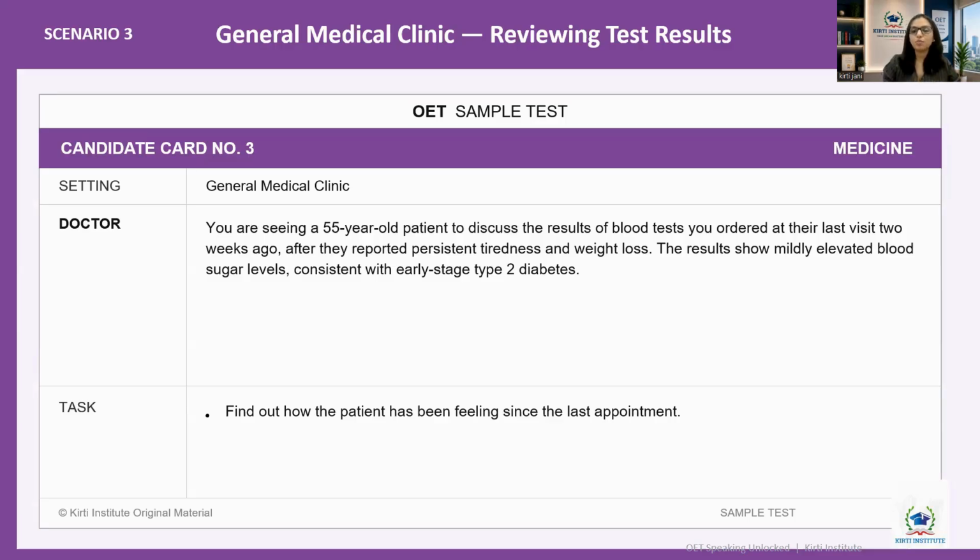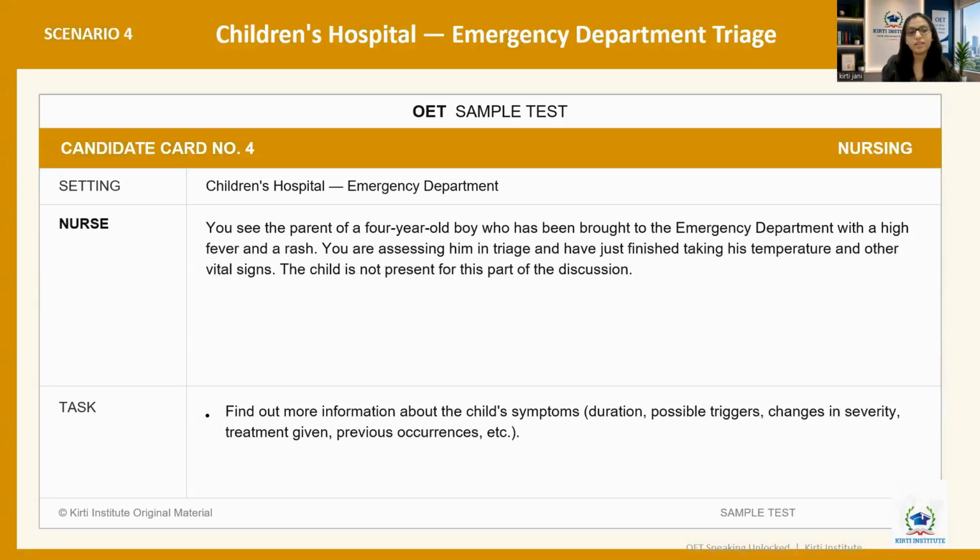Okay. Now, let's move to the very important part of today's lesson, and another way to open an interview. And let's see, the card is for nurses. The setting says children's hospital emergency department.